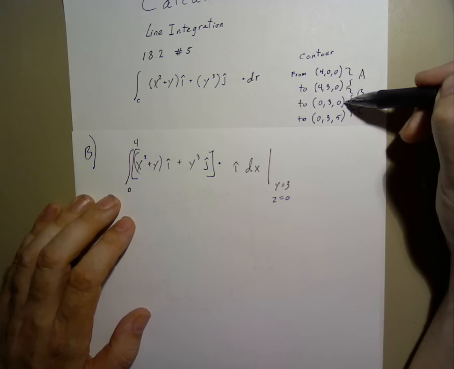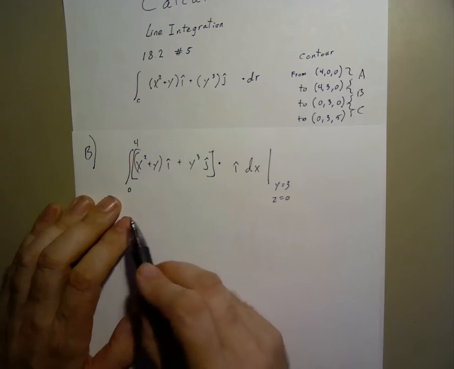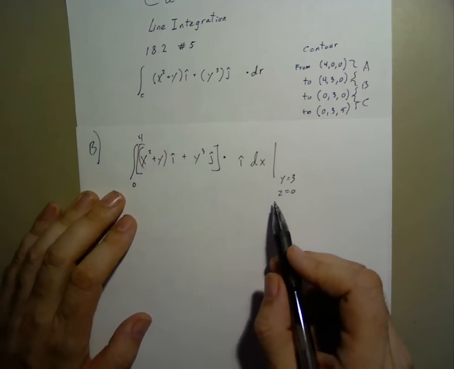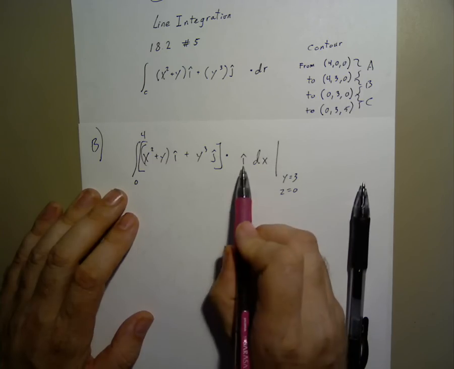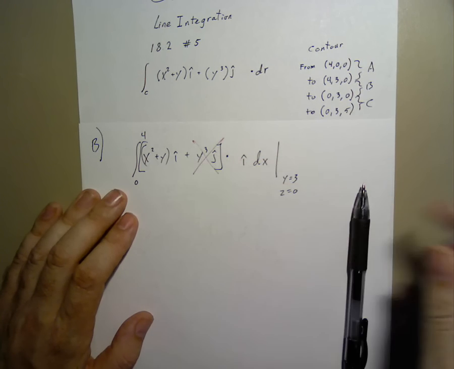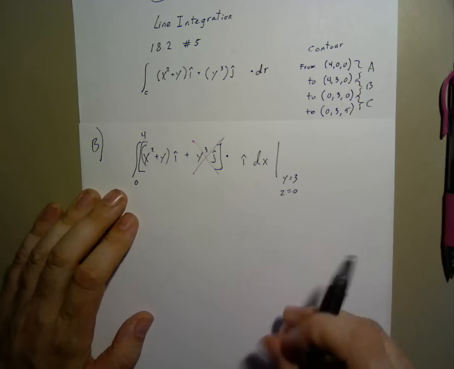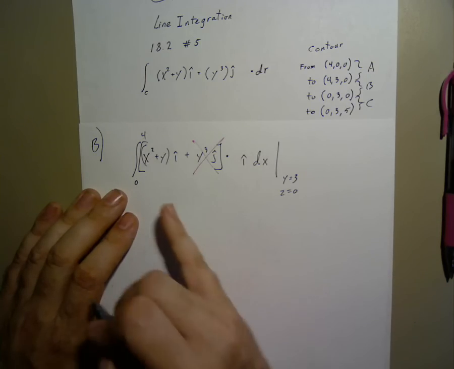And according to the problem, we're proceeding in a straight line between them. Next, we need to evaluate this integral. The dot product of i and j is 0, so we can immediately rule out that part of the function.